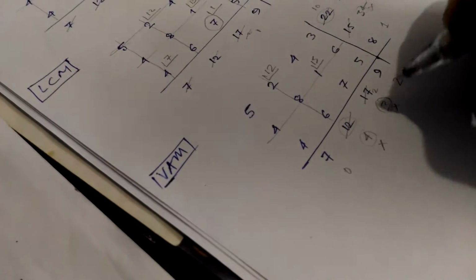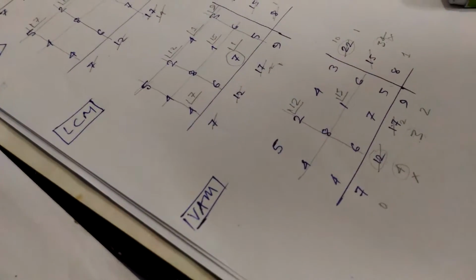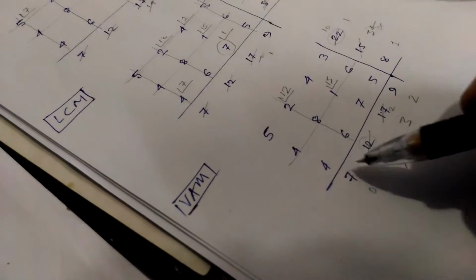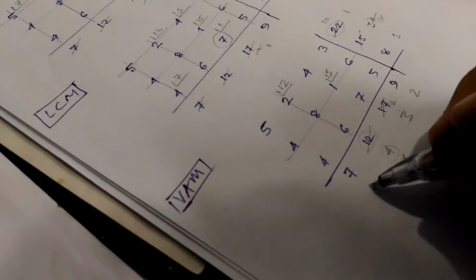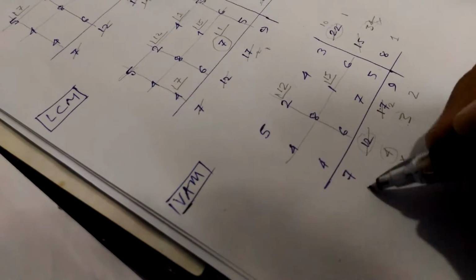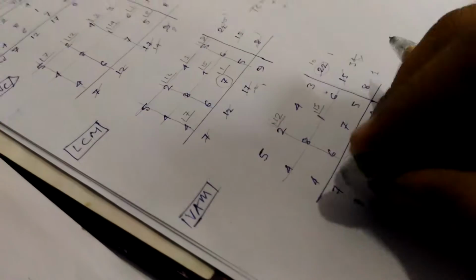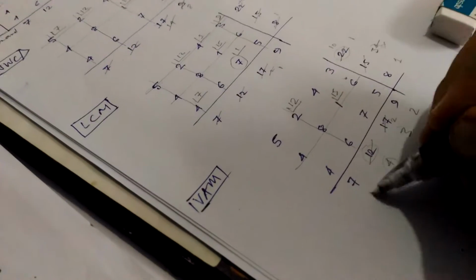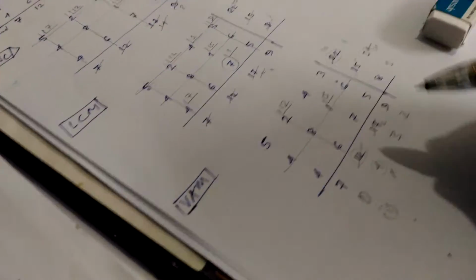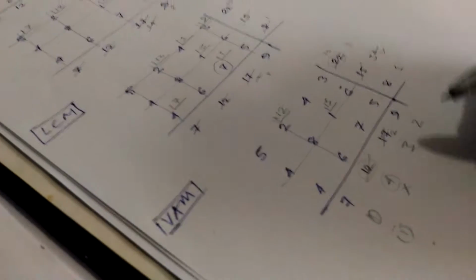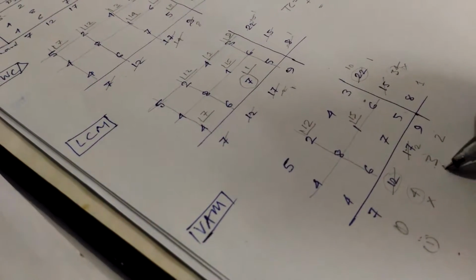Now again the difference is, here the penalty is 3, here the penalty is 5 minus 4, 1. Leave it as 0, and 1 is the new penalty. So next 3 is the next biggest penalty.